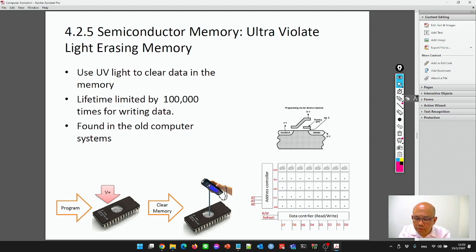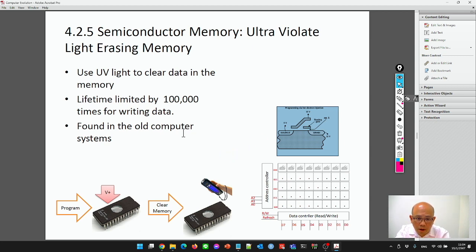When you shine high intensity UV on the chip, it will erase the data. The substance inside the chip is sensitive to the UV, and when you shine the UV, it changes the cell inside to an unprogrammed logic. This is a false logic, not 0 or 1.